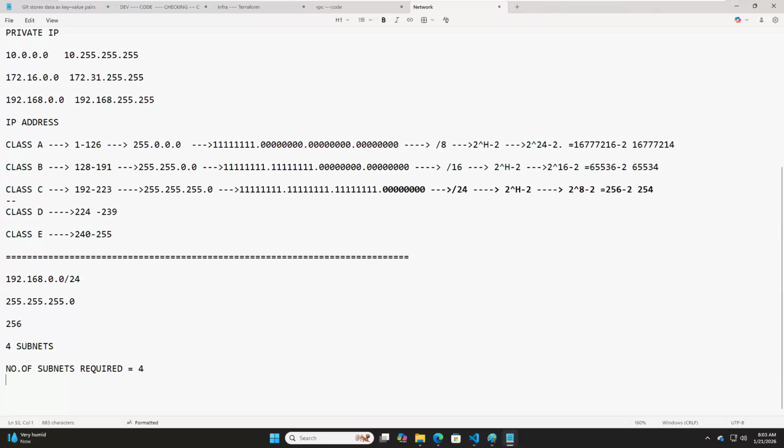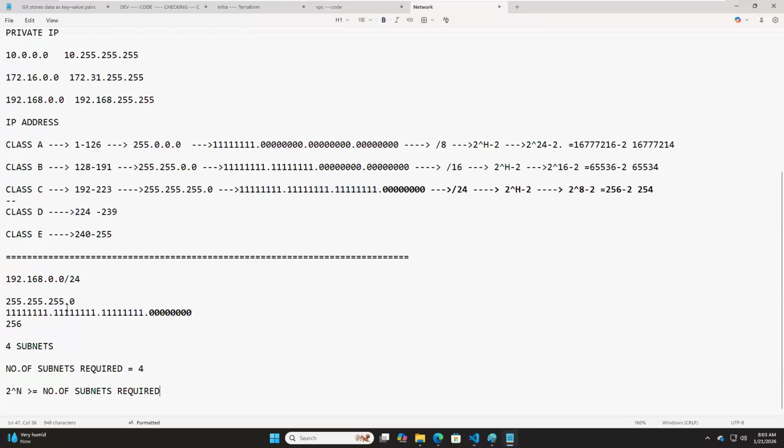There is a formula: 2 power n greater than or equal to the number of subnets required. What does this n represent? If you see, this is the default subnet mask given by my network administrator. If you convert this default subnet mask into binary number format, you are going to get this particular subnet.